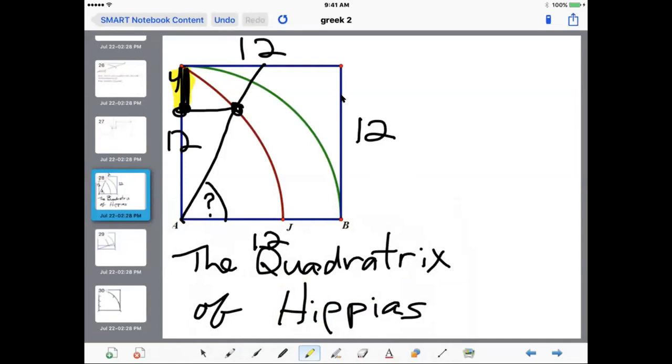I see someone wrote 30, someone wrote 120, and someone wrote 45. Okay, so we have 3 different answers. Do you agree with one of those 3? Or do you have a different answer? Because it's actually not one of those 3 answers.